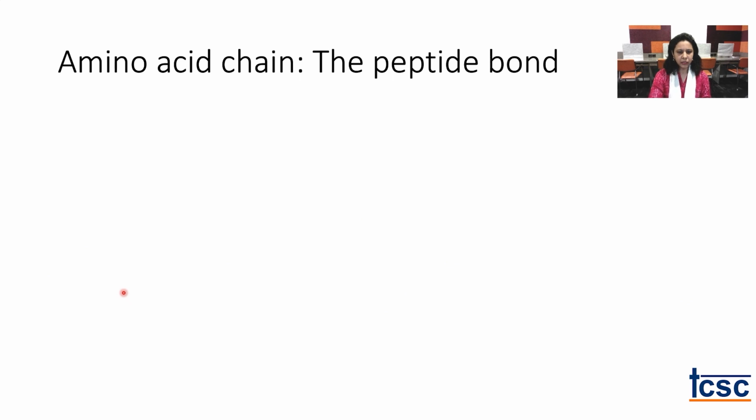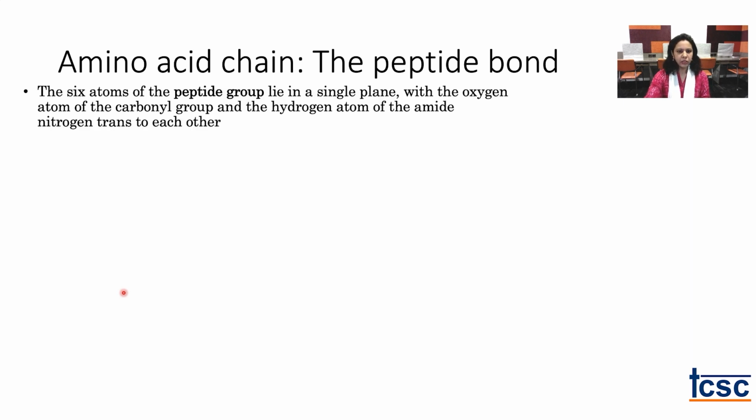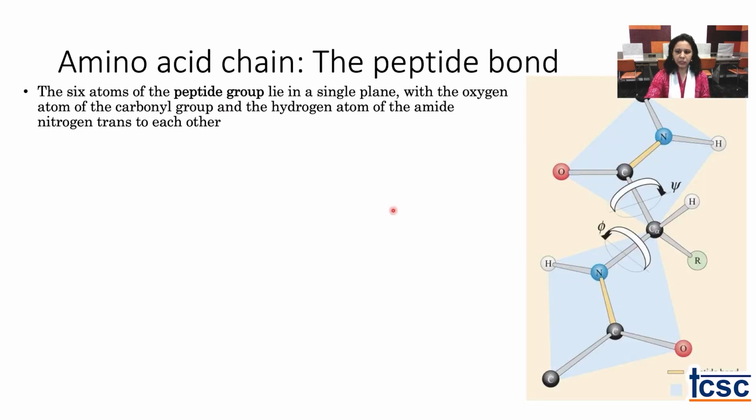So if we look at the peptide bond, this is also a very interesting bond, and it gives a lot of characteristics to the entire protein. So the 6 atoms of the peptide bond lie in a single plane, with the oxygen atom of the carbonyl group and the hydrogen atom of the amide nitrogen being trans to each other. So if we look at this particular structure over here, we can see that this is the peptide bond.